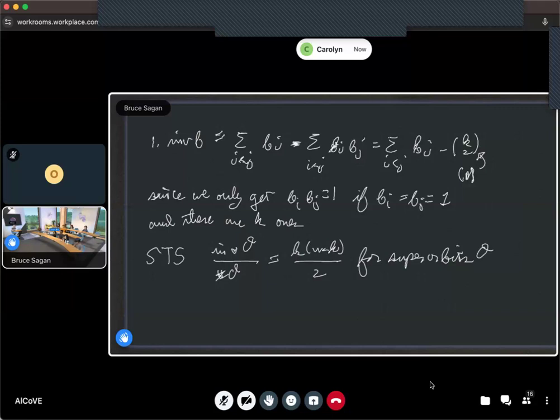And remember, in this case, all of our superorbits have size n. That will be useful in a second.